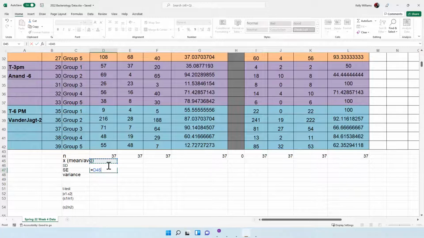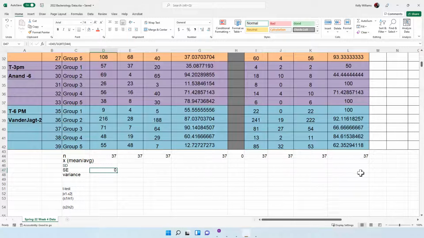Oh yeah, see, this is letting me click, I think because it's too big, but click on SD, not the mean or average, and then you're going to divide that by, and for this you'll have to type in SQRT for square root. Again, parentheses, I would just click on N, close the parentheses, enter. And that'll automatically calculate your standard error.